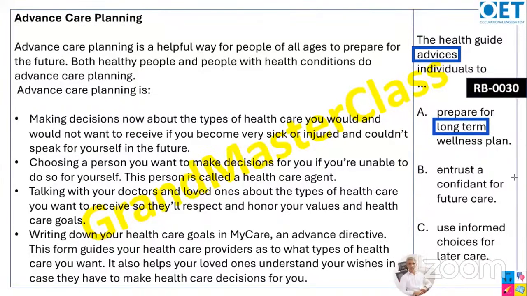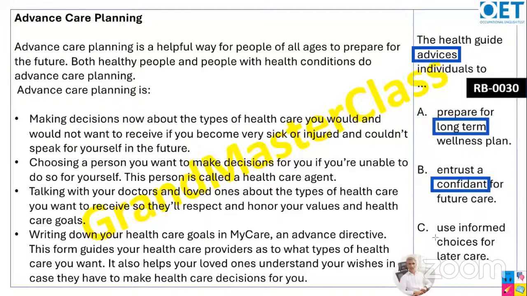Then entrust a confidant for future care. Confidant, a person whom you trust. You have to give that responsibility to somebody whom you believe. Confidant, on whom you are confident. Use informed choices for later care.